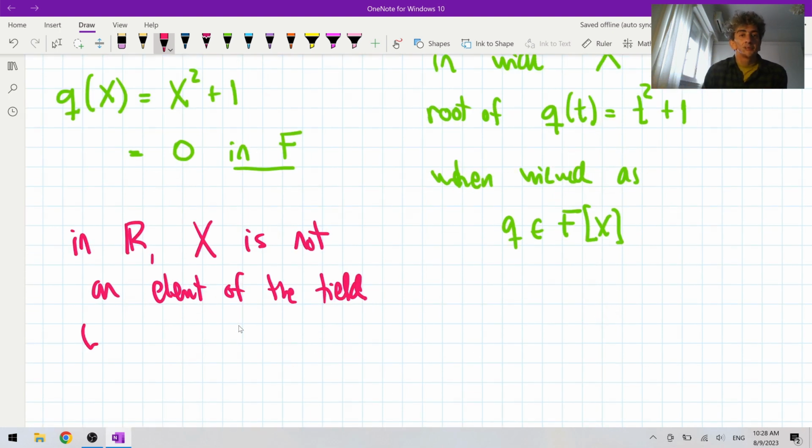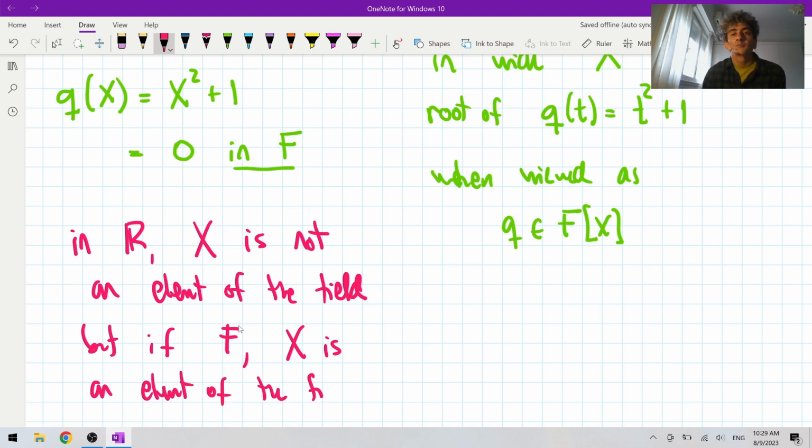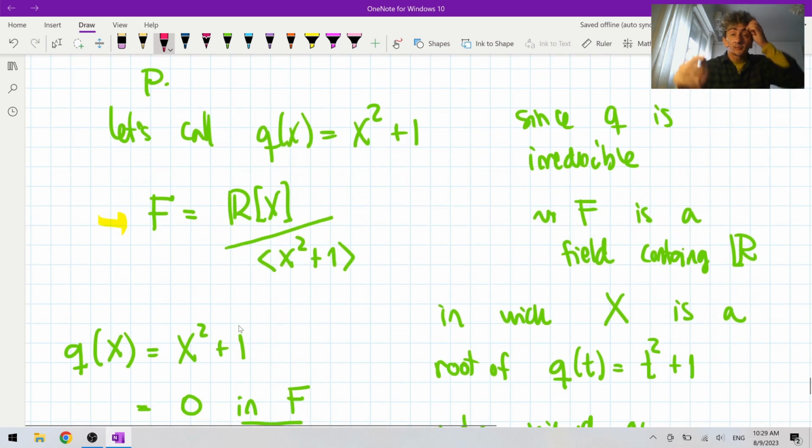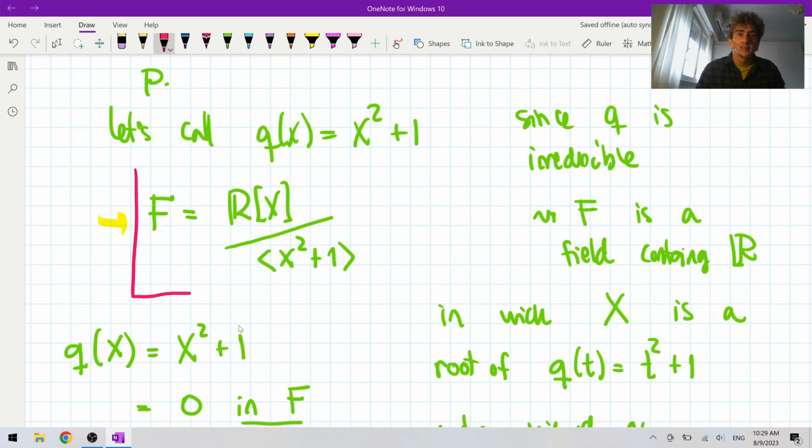But in F, X is an element of the field. And this is a very important thing to notice. So we are able to construct a field F that now contains a root of Q.